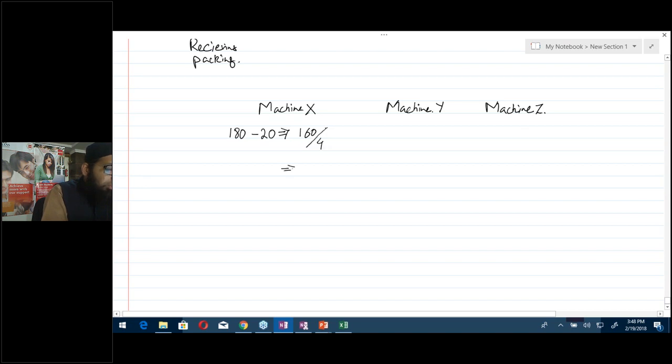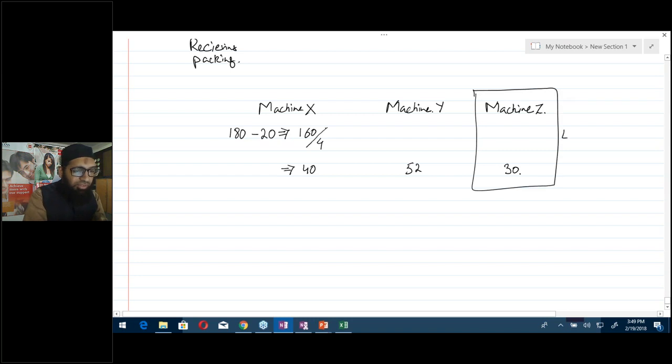That means that the work of 40 trolleys can be done in machine X. In machine Y, it is 52, and in machine Z, it is 30. Because machine Z produces fewer units, machine Z is the bottleneck resource.